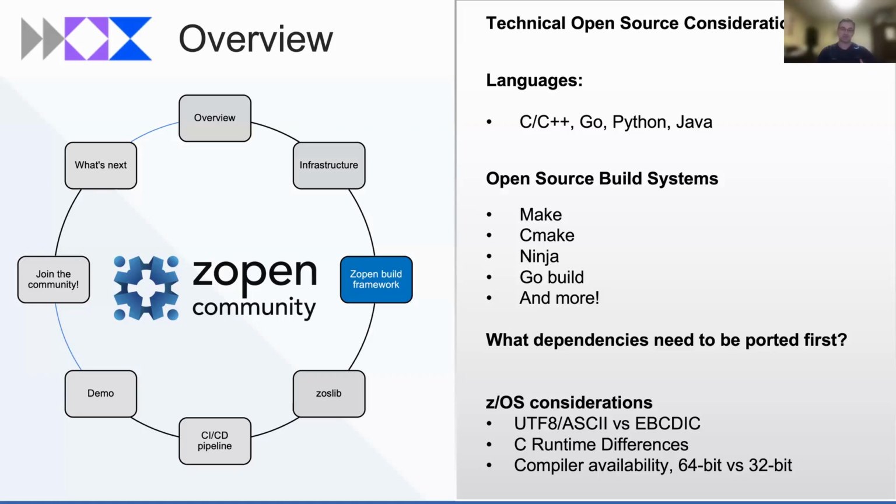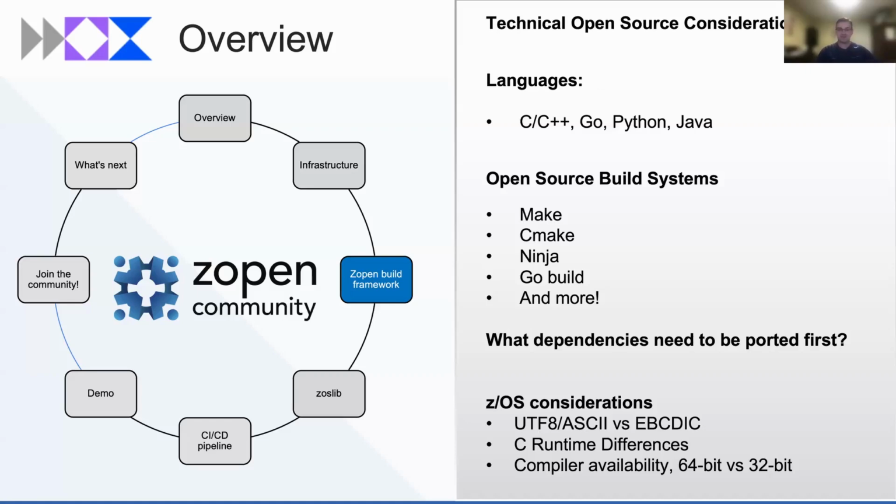We had to first port the underlying dependencies, and that included libraries like curl, zlib, OpenSSL, and many others. In fact, in the early days, much of the work was put into creating this foundation layer, getting the libraries ported and in place so that we can build some of the more complex open source projects.